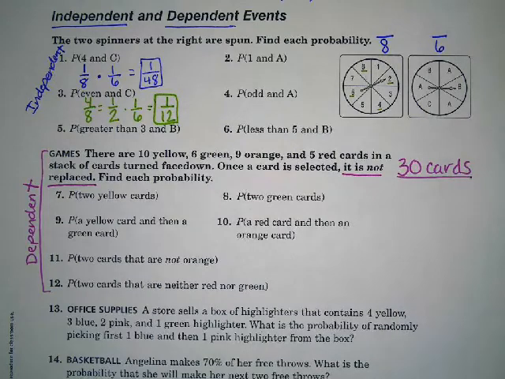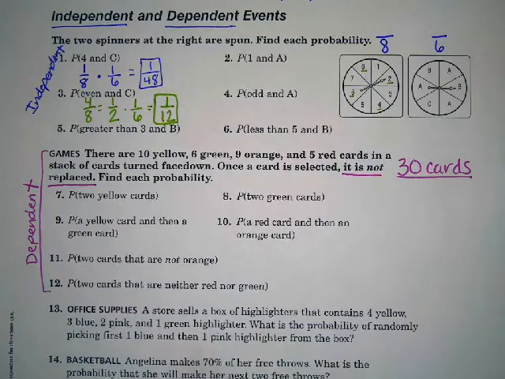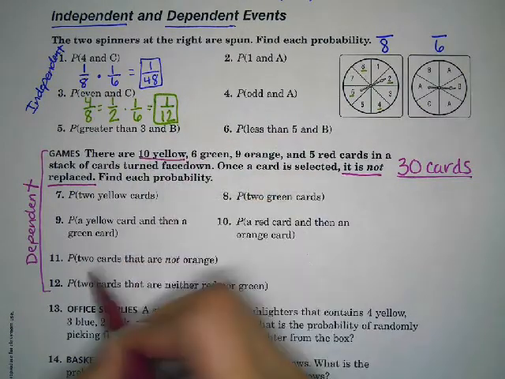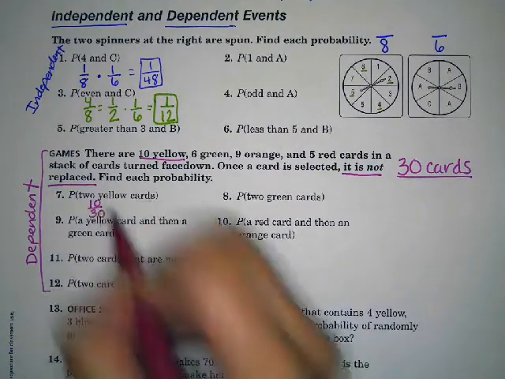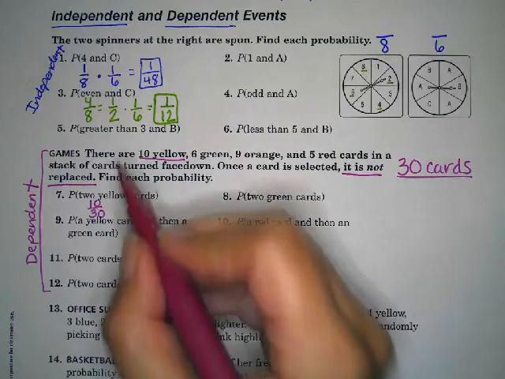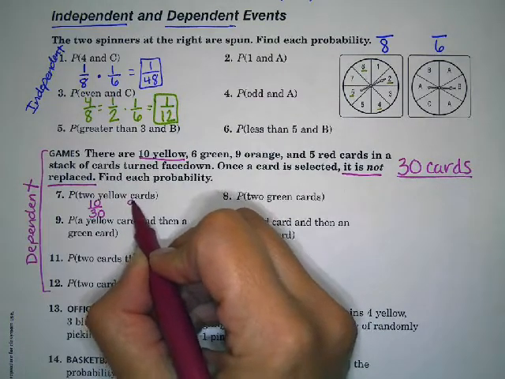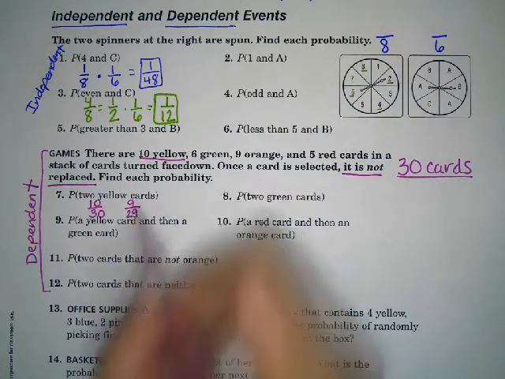So that's important too. So the probability of pulling 2 yellow cards. Yellow right here is 10. So we have 10 out of a total of 30 cards. And then we're going to pick another yellow. Now, if we've already picked one yellow, we're left with 9 choices, and now it's only out of 29 cards.